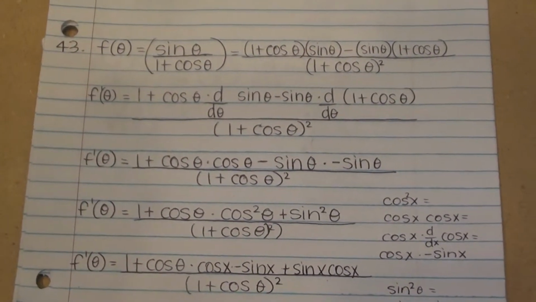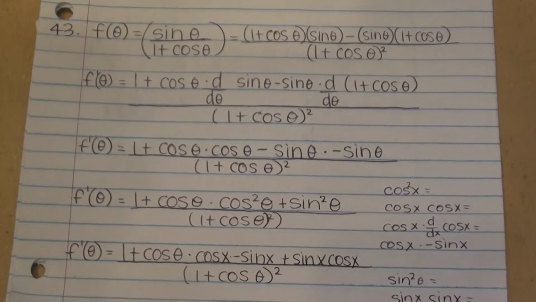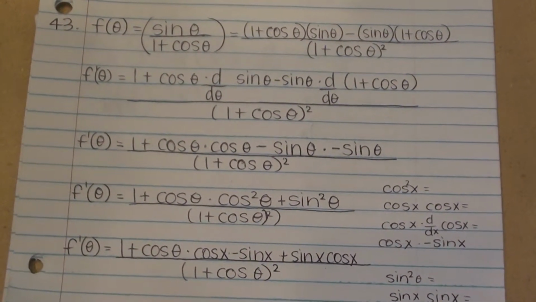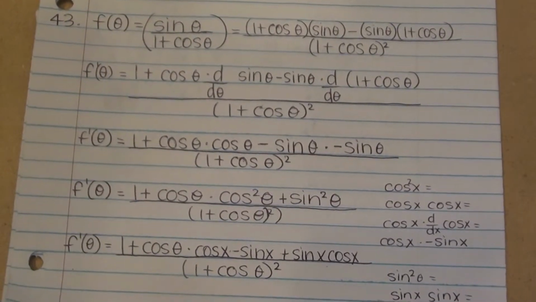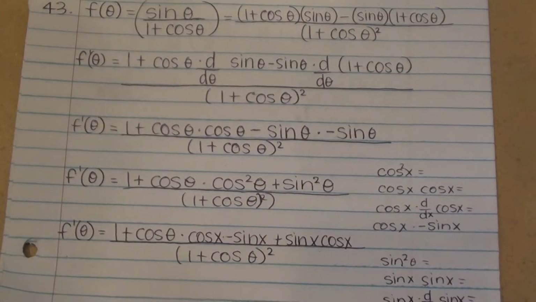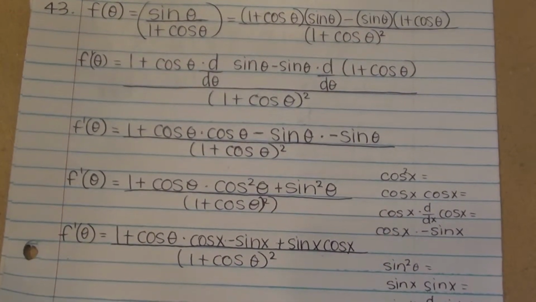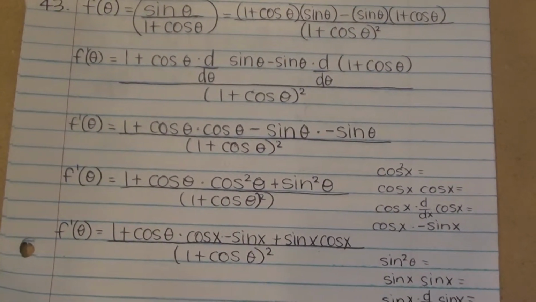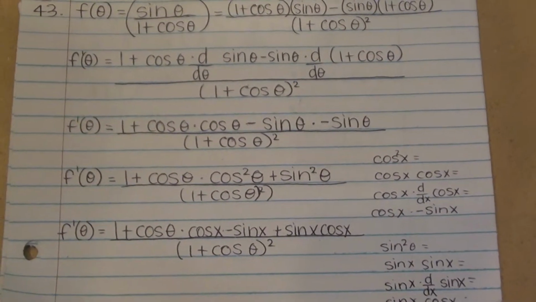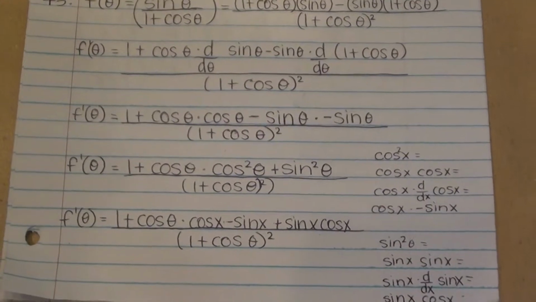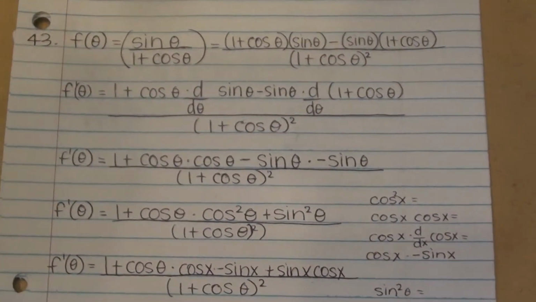Okay, so once you've written that, you bring down your 1 plus cosine theta and you find the derivative of sine, which is cosine theta, minus sine, and you find the derivative of 1 plus cosine theta, which is negative sine. Because 1 becomes 0, because a constant always becomes 0 when using derivatives.